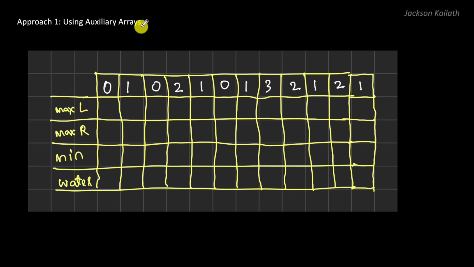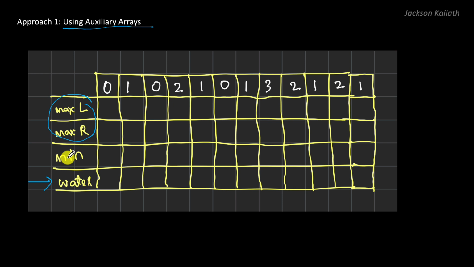Now, the method using the auxiliary arrays is pretty straightforward. We have this array which is given to us. Now, we know from our discussion so far that for each index, we would need to know the left max and right max. And if we know that, we can find the water by computing the minimum between these two and then subtracting height at index I from it. So that's what we have discussed so far.